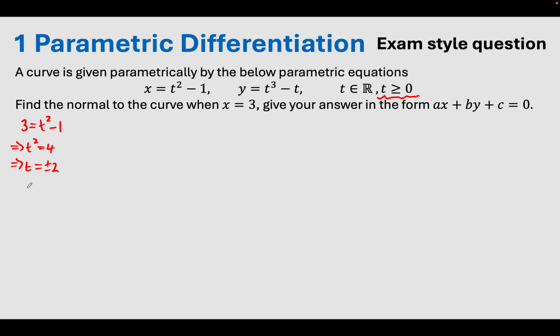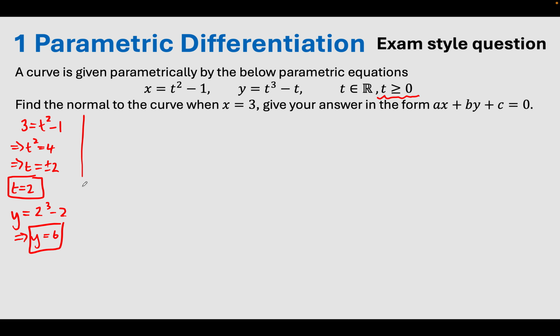But t must be greater than 0, so I get t is 2. Now, that means I can say y is 2 cubed minus 2, which means y is 6. Okay, so I'm going to need that information to find the normal.